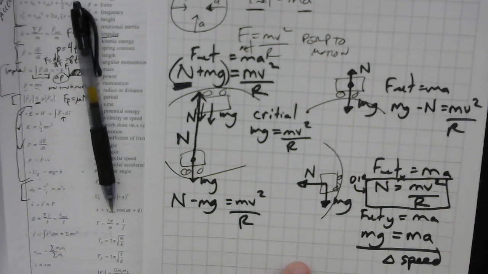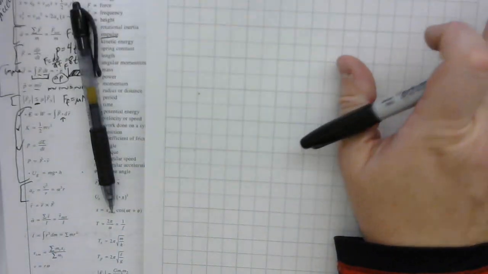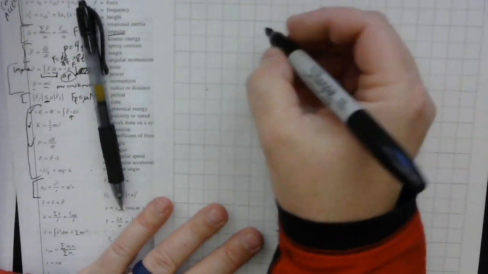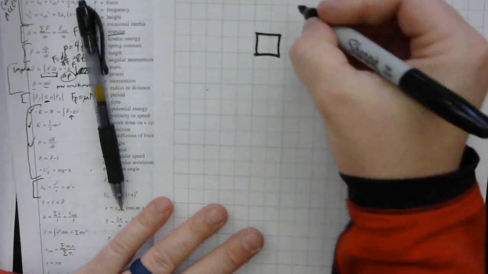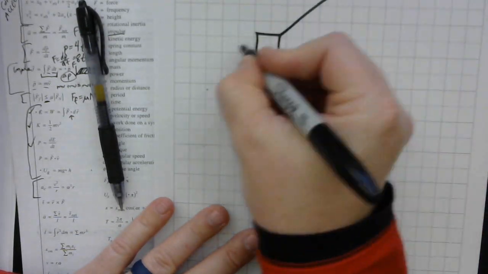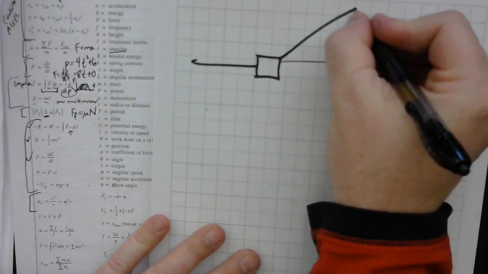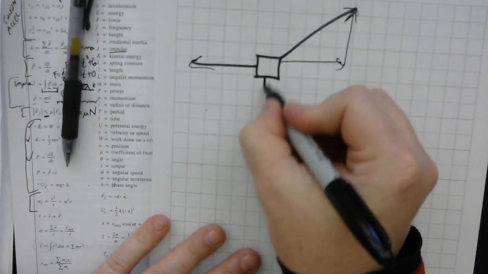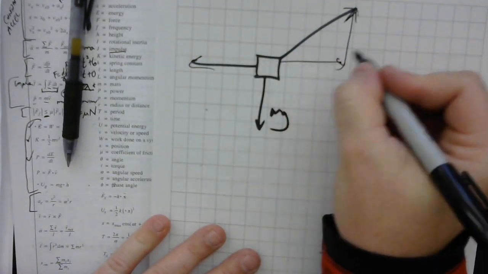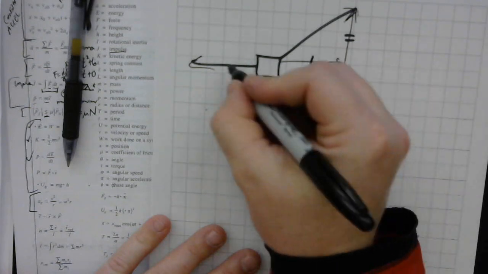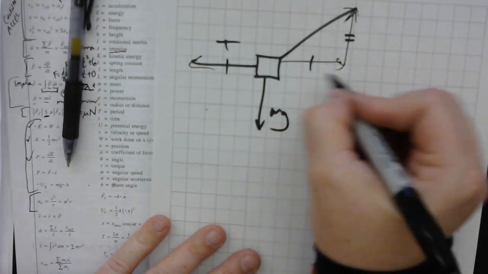All right, centripetal, centripetal, centripetal. I think that's it. Before we leave forces though, if you have something at an angle, you can break it up into its components. And then I could say this mg is canceled by this vertical component, and these two tensions horizontally cancel each other.